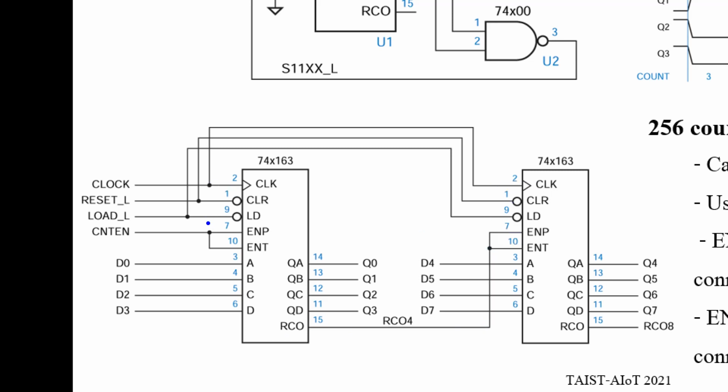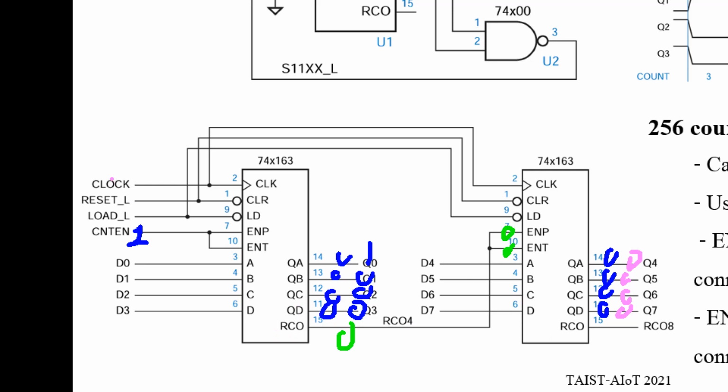So if the counter starts from, for example, 0 0 0 0, and this one also 0 0 0 0, now RCO is 0, right? When the clock ticks, if this enable is 1, it will count up to 0 0 0 1. But if this enable is 0, then nothing changes. That means it still stays 0 0 0 0.